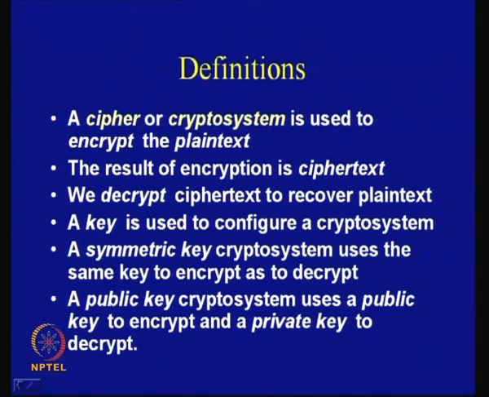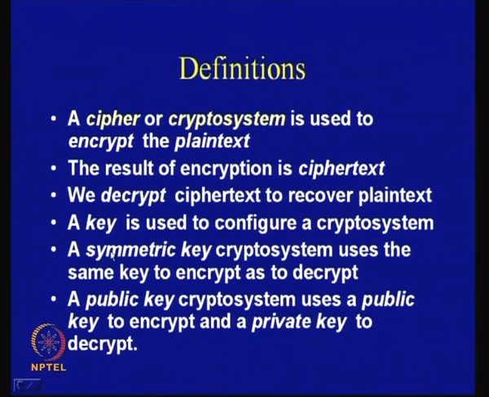Now, the objective is that the cipher text should not leak any information about the original content of the plain text to a third person who does not have possession of a secret material known as the key. The key is used to configure a crypto system. That means it defines the mapping of a plain text to a particular cipher text.